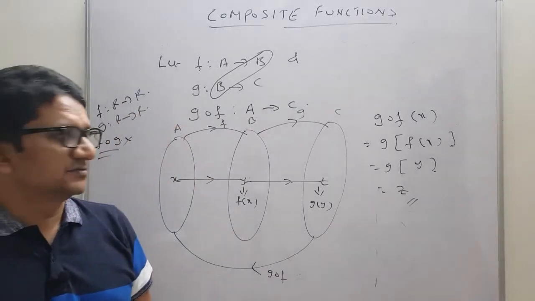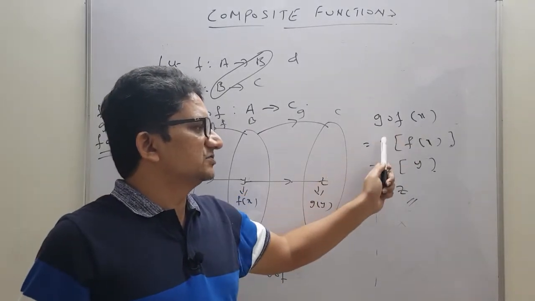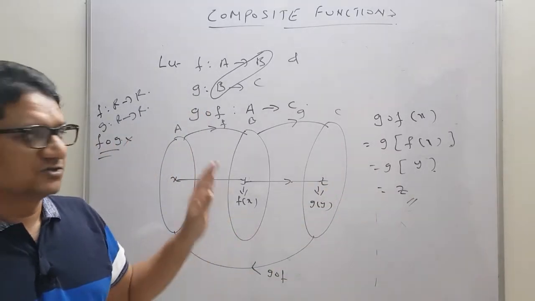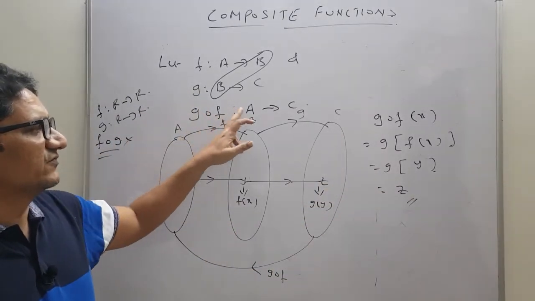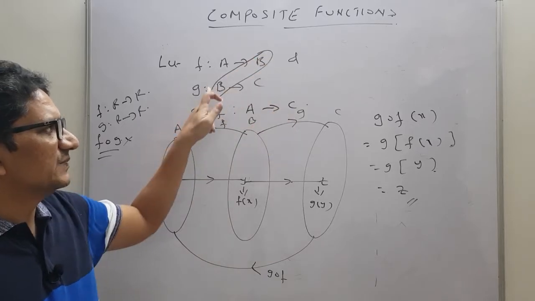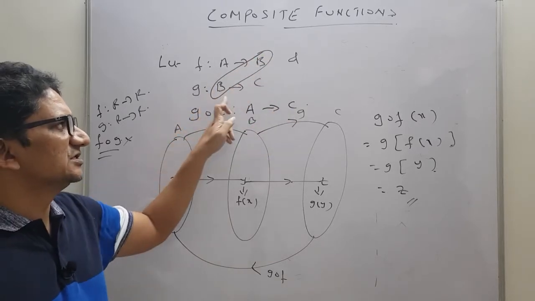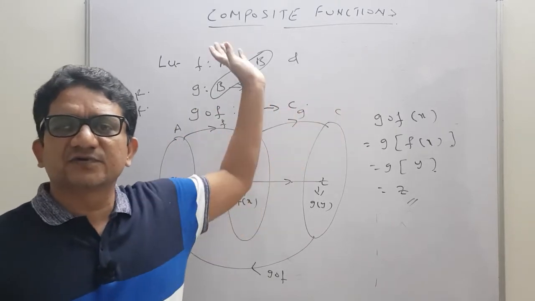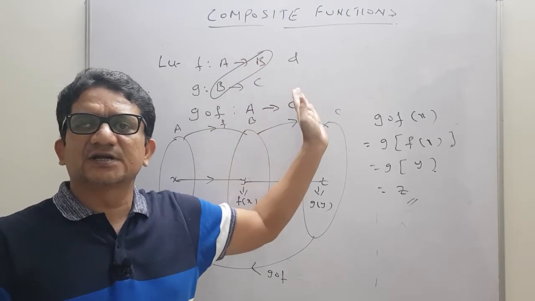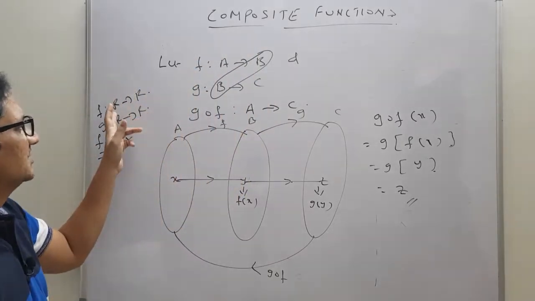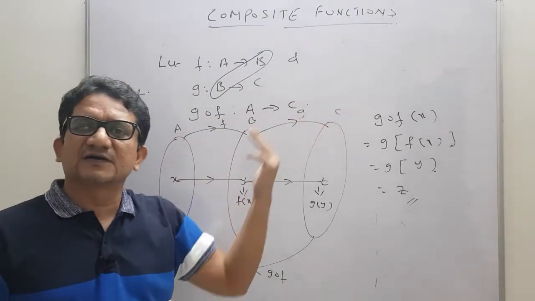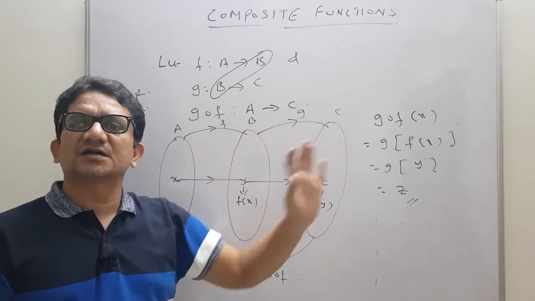So this is the relation: g circle f of x equals g of f of x, and g of y equals z. To define g circle f from A to C, this is compulsory. While solving problems in the exam, if the mapping is not mentioned, the routine process is to take the mapping as R to R. At that time, either g circle f or f circle g, both are defined.